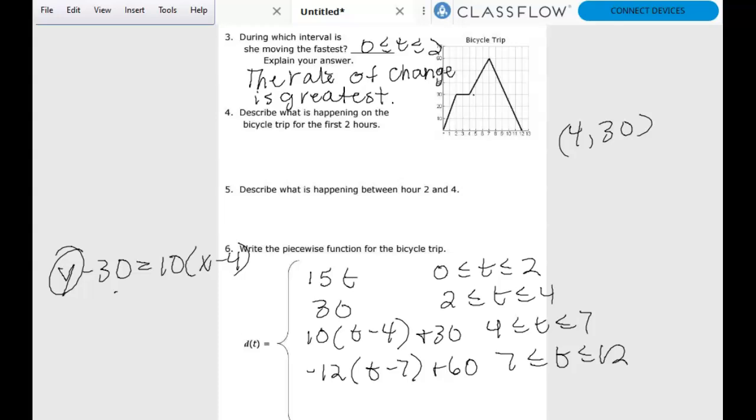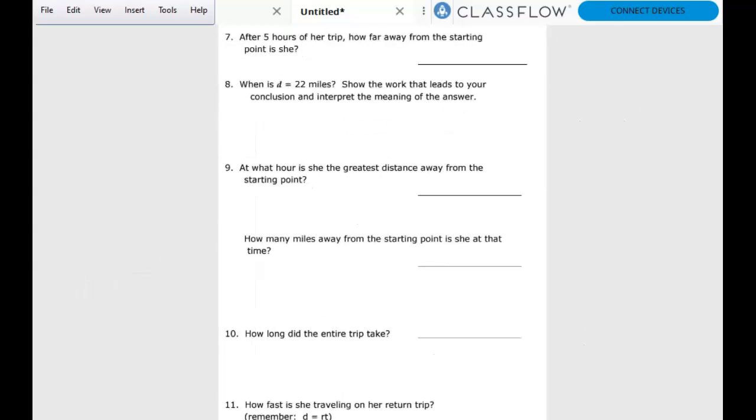So what is she doing? She's moving closer to home, right? Okay. Number 7. After 5 hours of her trip, how far from the starting point is she?